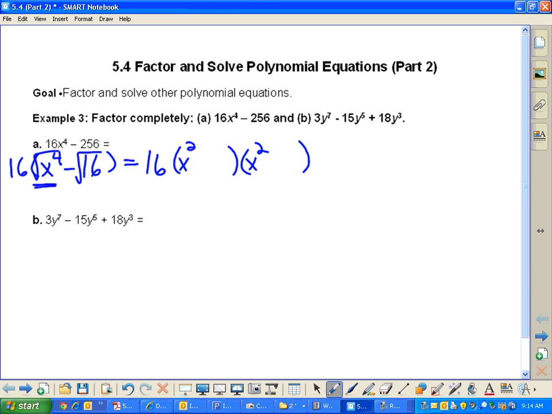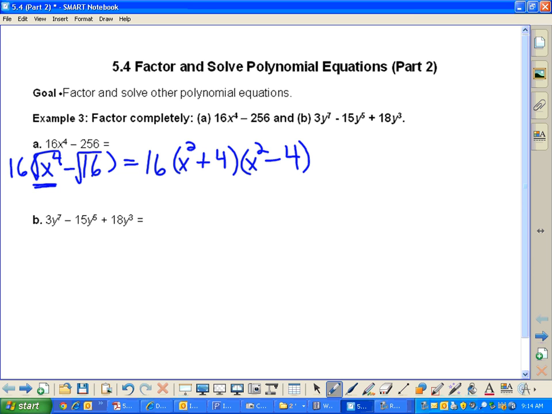So x squared times x squared will get me back to x to the 4th. And then what things could I multiply together to give me 16 that'll eventually cancel with the outers and the inners? Well, the square root of 16 is just 4. So this should be 4 and 4. And then if I want my outers and inners to go away, what's up, Eric?